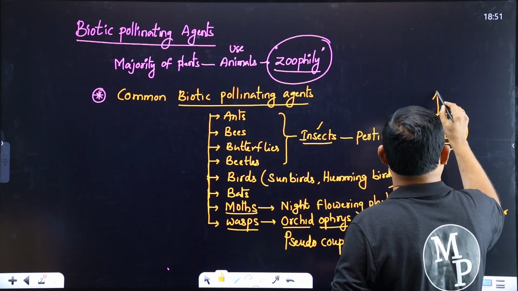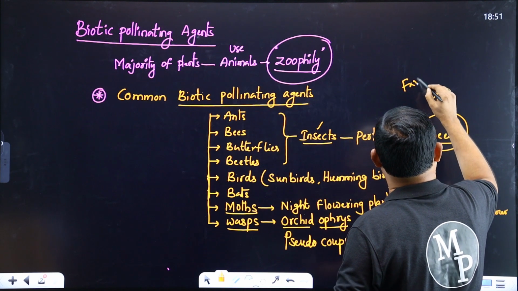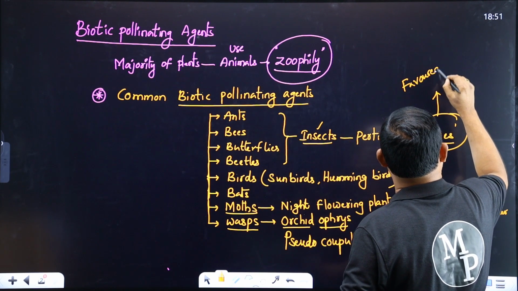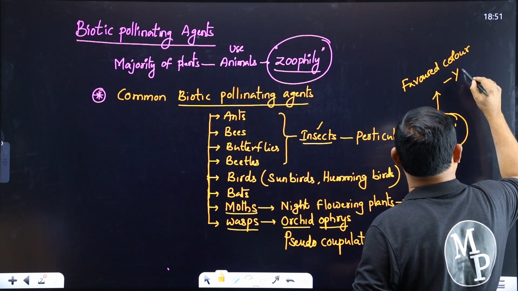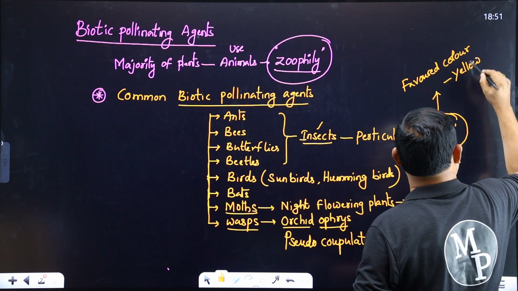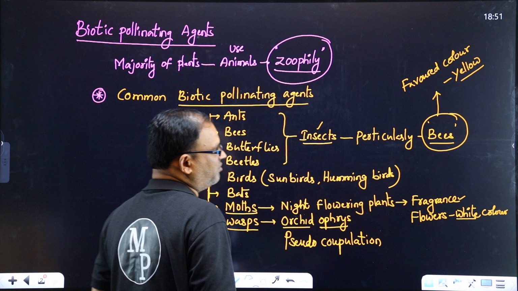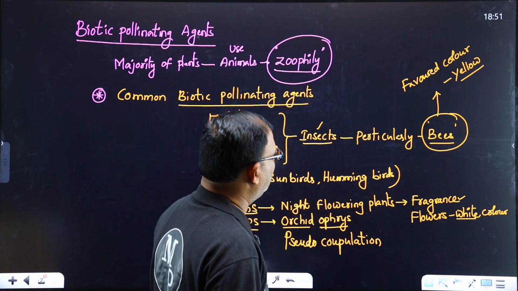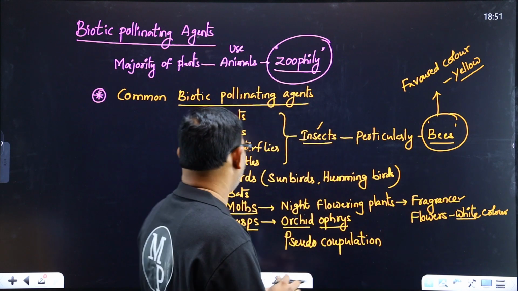What about the favored color for the bees? The favored color is yellow. Bees favor yellow color. Important.